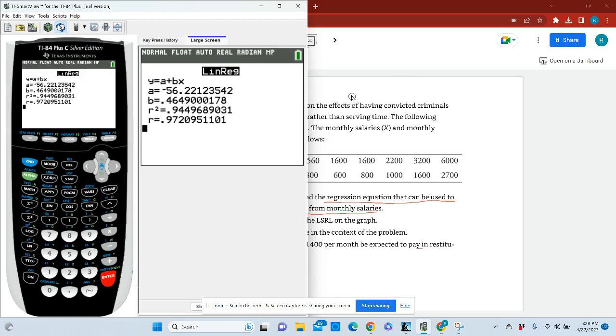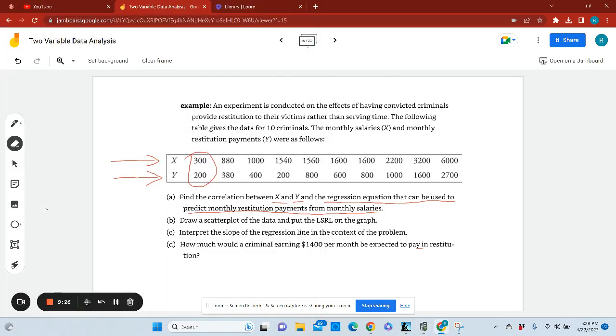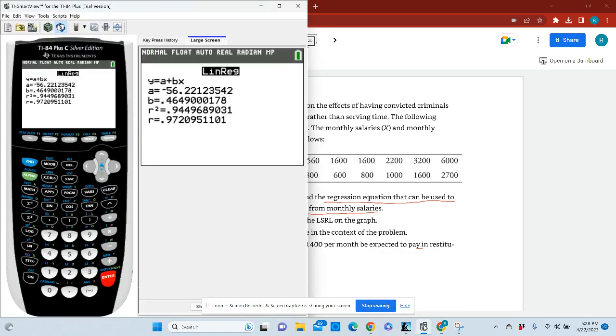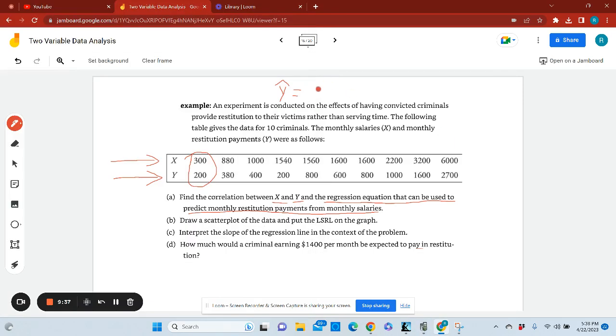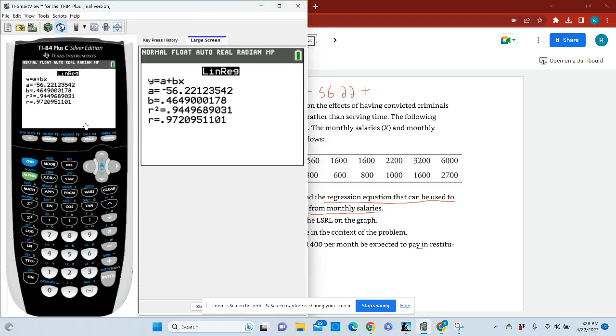So I can write that up here now. My y hat, my predicted y value, is going to be equal to negative 56.22, plus, what did they give me for the slope?